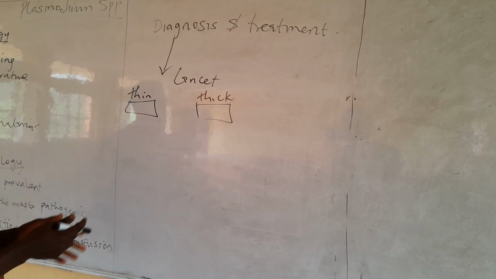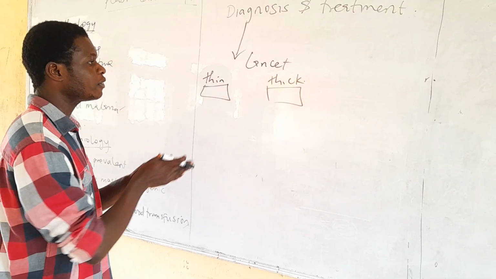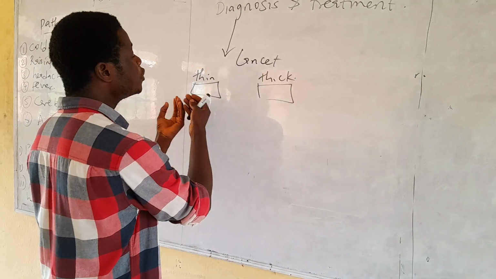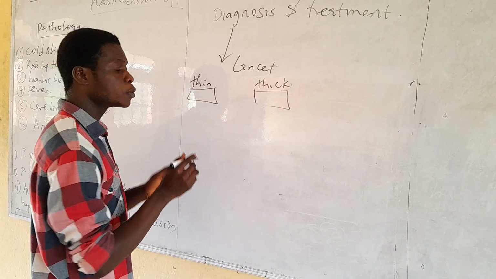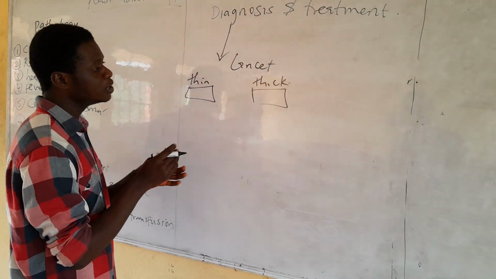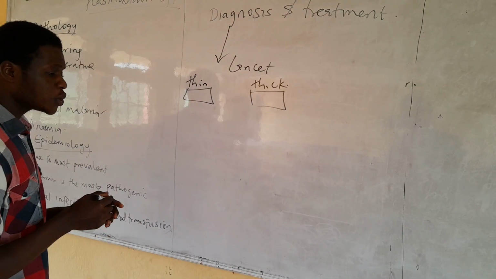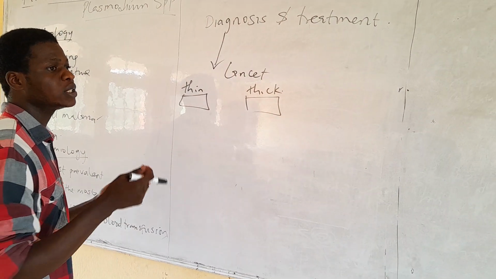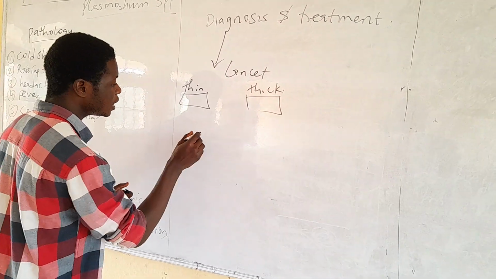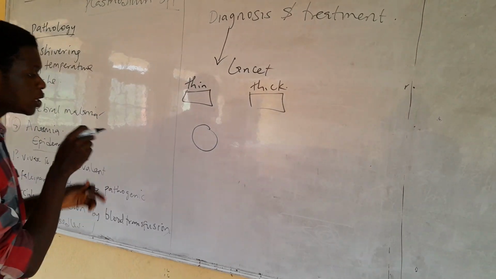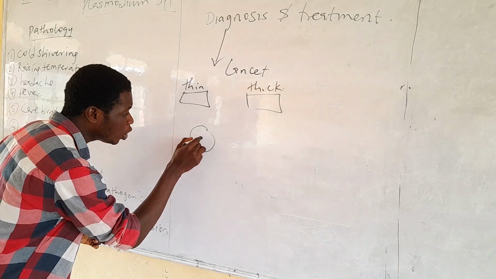Then it is viewed on the microscope after this placement. The slides, you view them singly. That is, after viewing the thin slide on the microscope, you place it on the base and view it. After viewing it, you also view the thick slide they have made with the blood. You can know that this person has malaria parasite by seeing a dot.